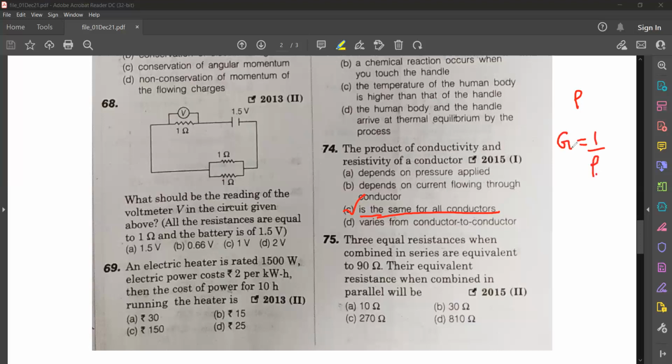They are asking for the product of conductivity and resistivity, that is rho into 1 by rho, which is 1. So that is constant, the same for all conductors. So option C is the correct answer.